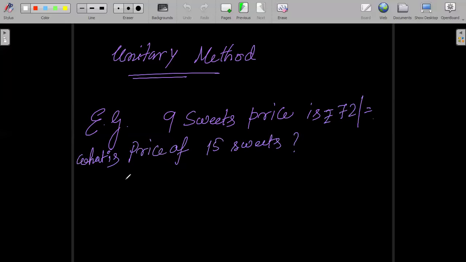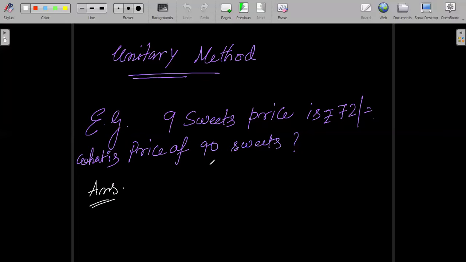Now this question, or say first I am not giving it 15 sweets, first I am writing it as, say, 90 sweets. Then the sum will become very easy for you, right?